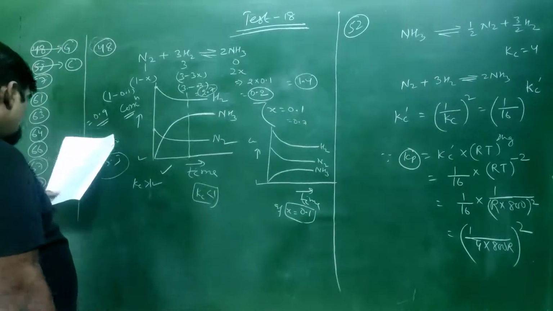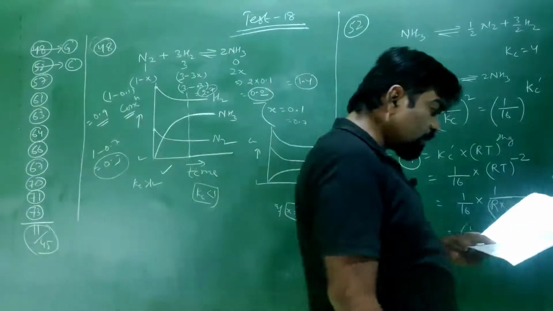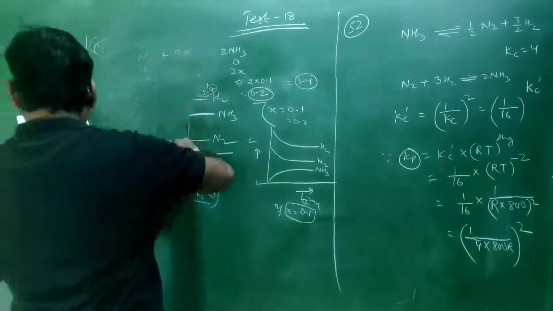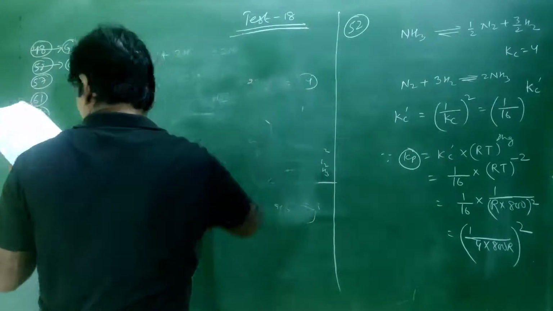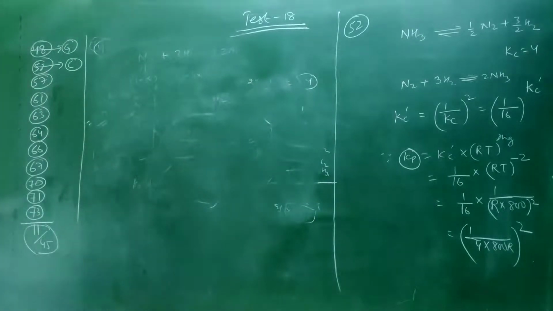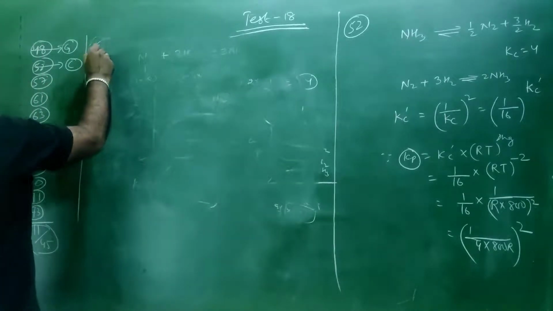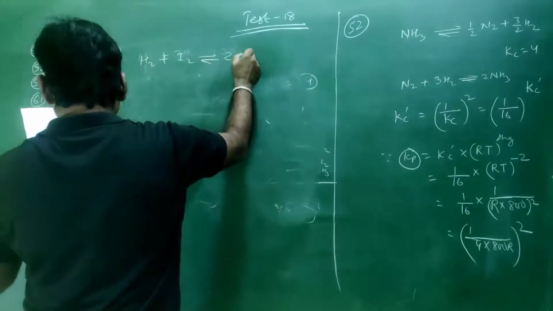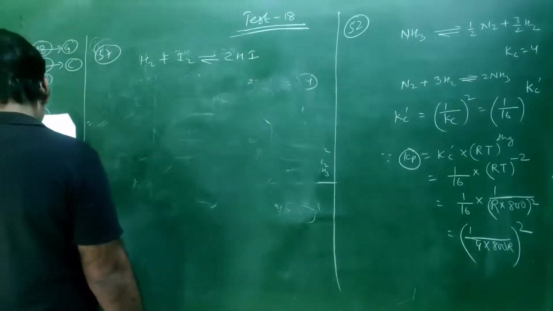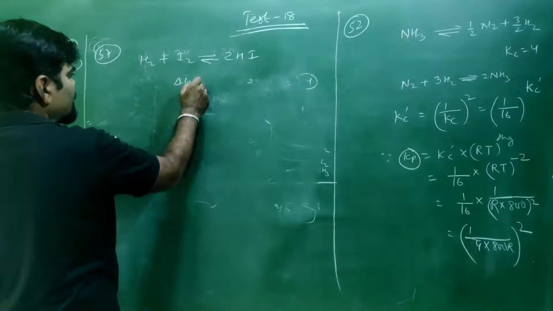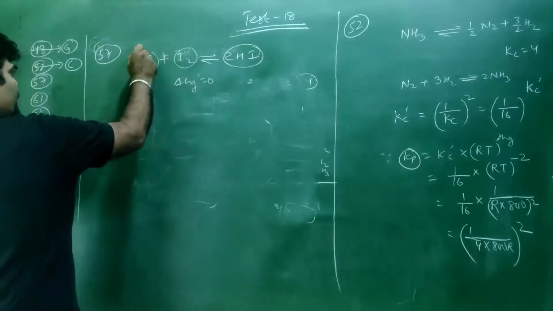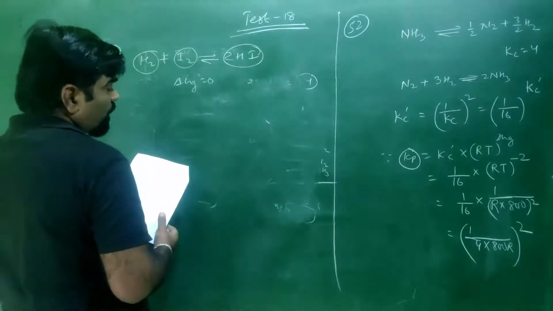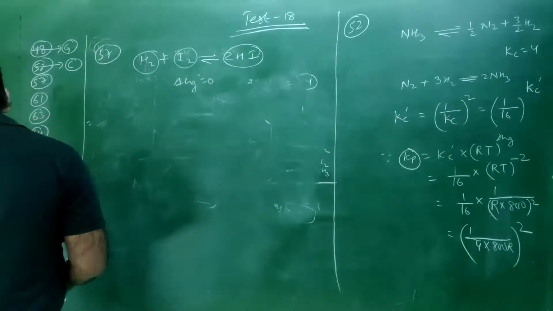Then question number 57. For the reaction H2 plus I2 gives rise to 2HI, the equilibrium constant changes with what? Since delta Ng is 0, with 2 moles on the product side and 2 moles on the reactant side, there will be no change in the equilibrium constant by applying pressure or decreasing total pressure.